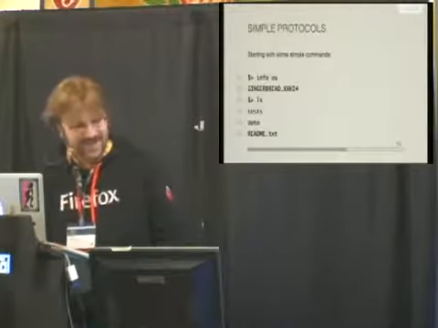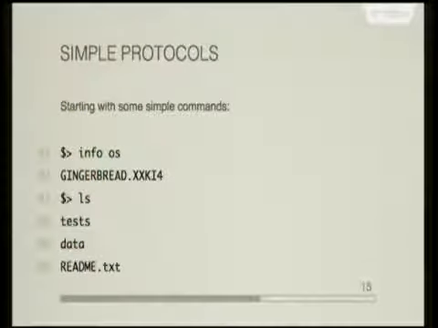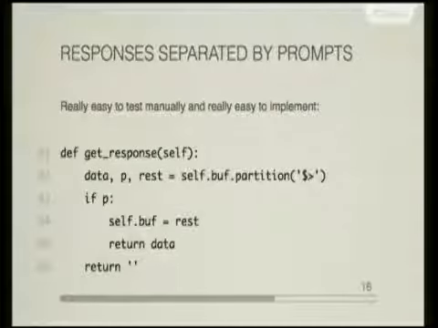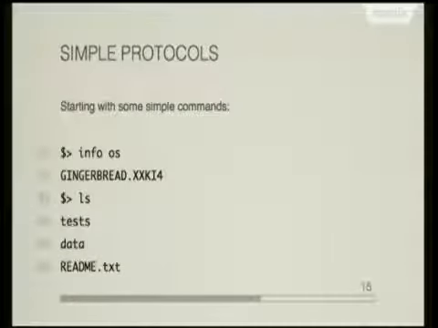So for example, you start off writing your protocol. You're going to start with the easy commands first, of course, because you're lazy like me, and you want to put off the hard work. So you want to do a few commands like get, say, the operating system, or list files on the SD card. So this might be what your protocol looks like.